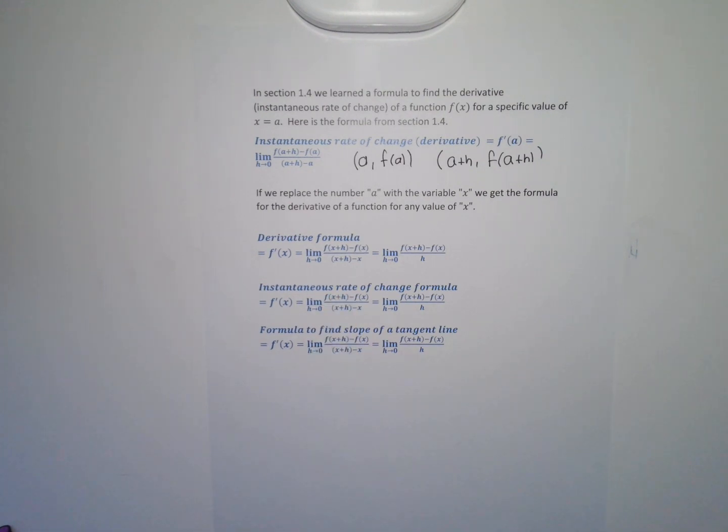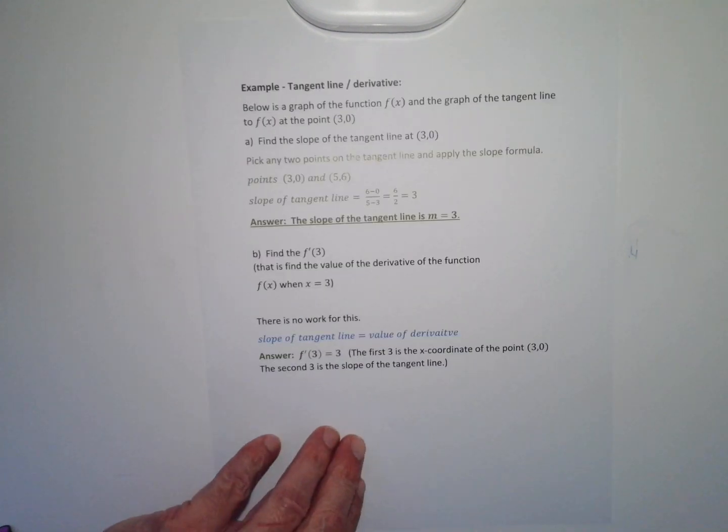And instead of coming out to just a single number, the actual instantaneous rate of change, we're going to get a formula that we can use to find the value. Let me just do this by doing an example.